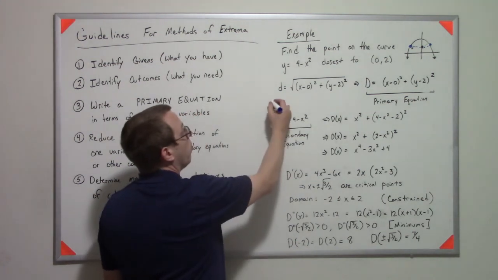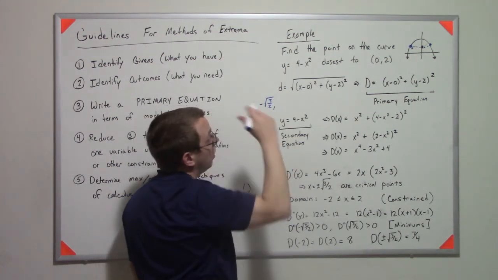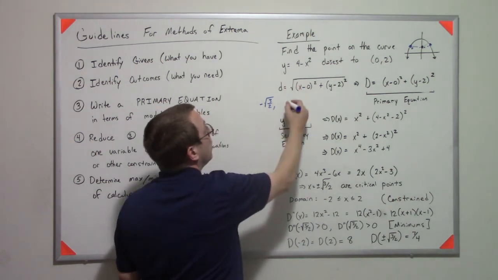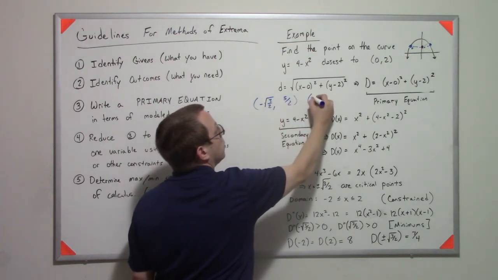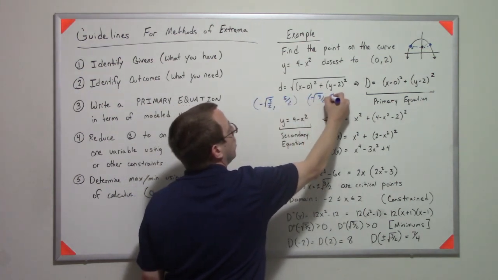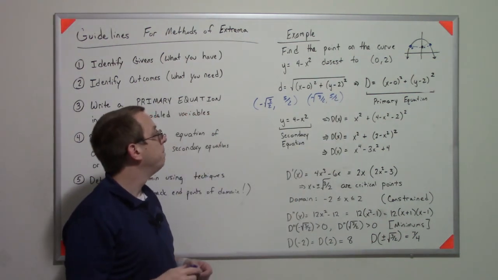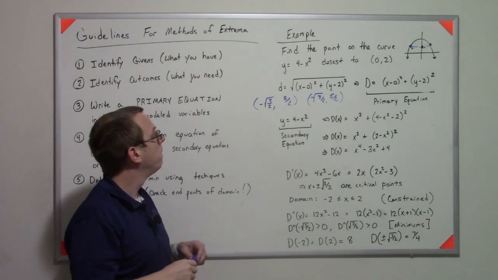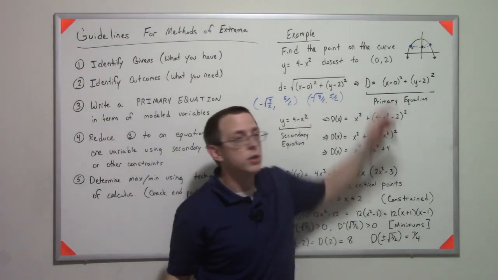You would get the point negative square root of 3 over 2, 5 halves, and square root of 3 over 2, 5 halves. Those are your 2 points, and those 2 points are the closest to (0, 2).